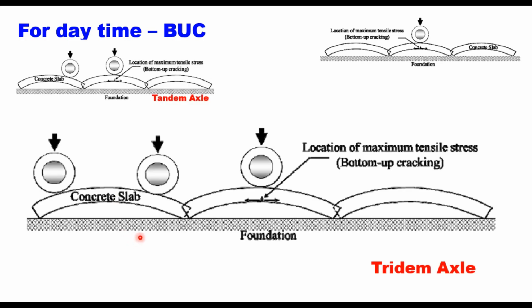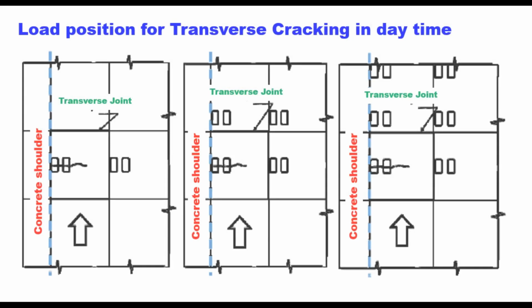In case of transverse cracking during daytime, tire imprints are considered tangential to the longitudinal edge for transverse cracking. Now this is the transverse crack here because of single wheel. In case of transverse cracking with temperature gradient, the tandem and tridem axle load repetitions must be considered twice, because if you see here, this is the tandem axle and this is the tridem axle.